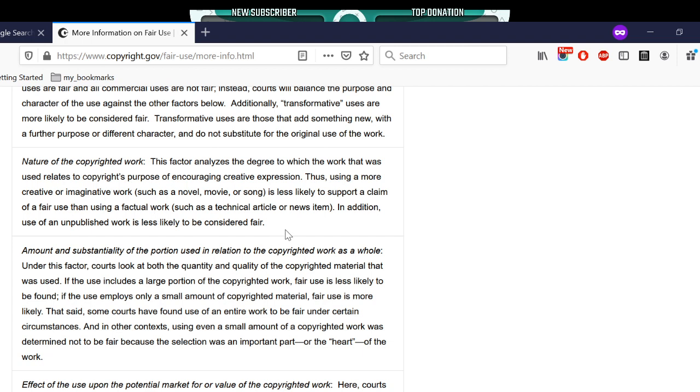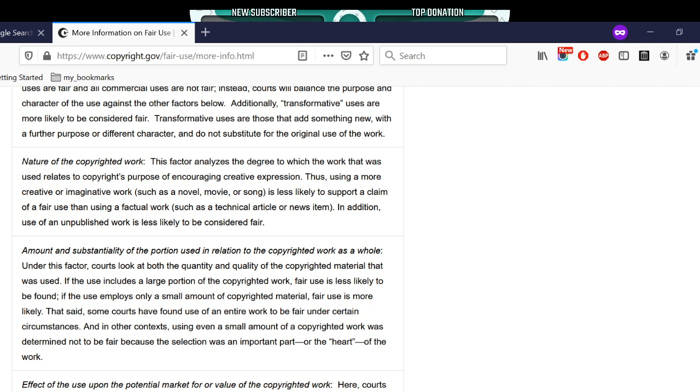Okay, so what it's saying is that if I were to use a technical article or technical manual, I would have more of a leg to stand on with respect to claiming a fair use for my content. But a novel, movie, or song is less likely to be judged as fair use, especially since this will maybe eventually be monetized.